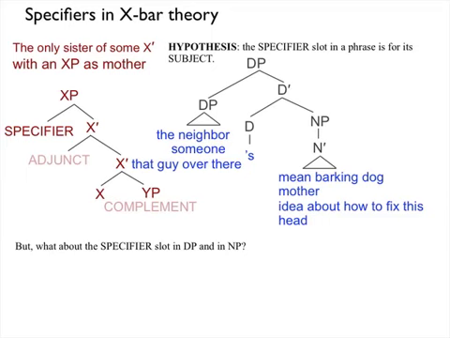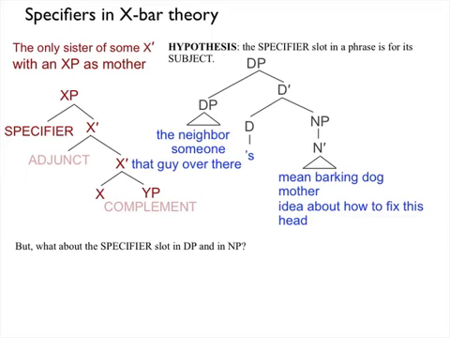It turns out to have an interesting answer: that's the place where the subjects of things go. And you have subjects in various different places, and there are reasons for saying that there are multiple subject slots in a clause that can be filled.